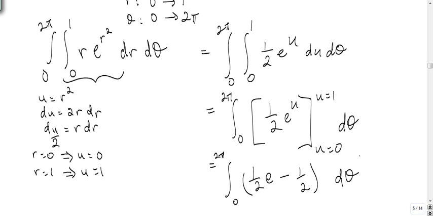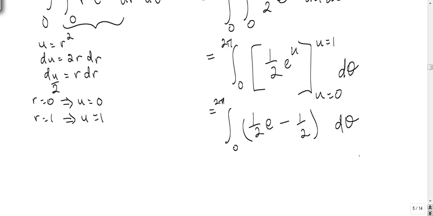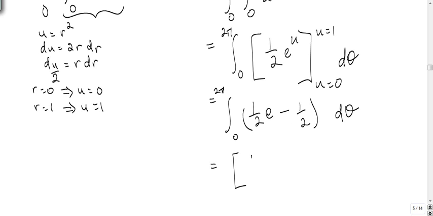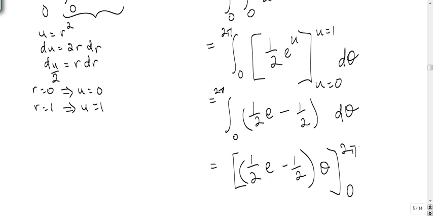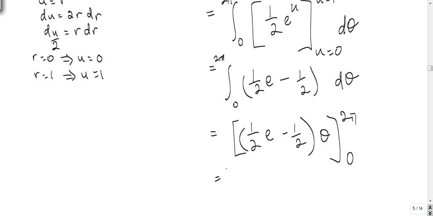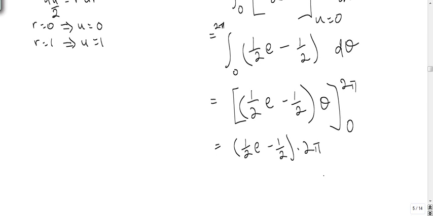That's when you put u equals 1 and u equals 0. Integrate further. That's a half e minus a half times theta from 0 to 2 pi. And then that is, upon substitution, a half e minus a half times 2 pi. And this works out to be e minus 1 times pi. Any questions?